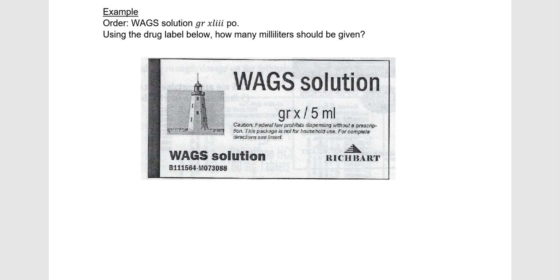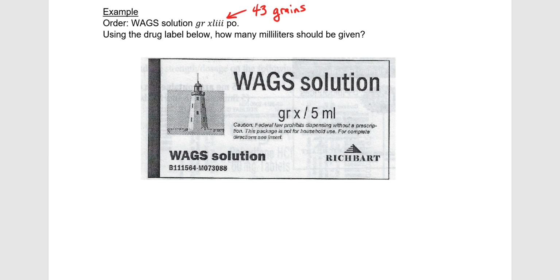So the order we have is this WAGS solution, and this is going to be 43 grains. So obviously we have to be comfortable with the Roman numerals still. That's 43 grains by mouth. So using this drug label below, we want to know how many milliliters should be given.